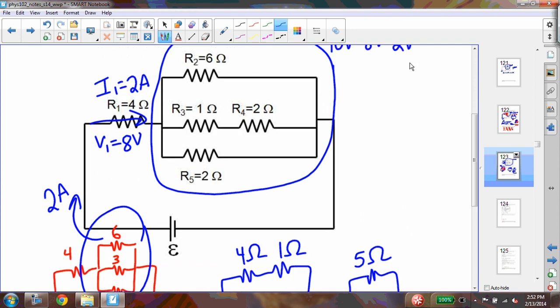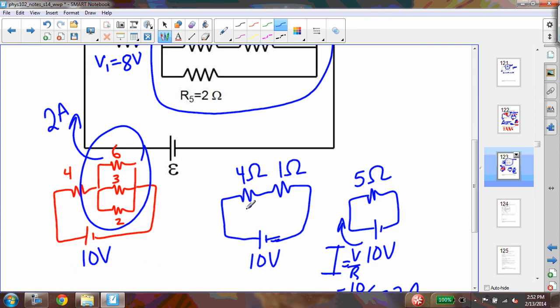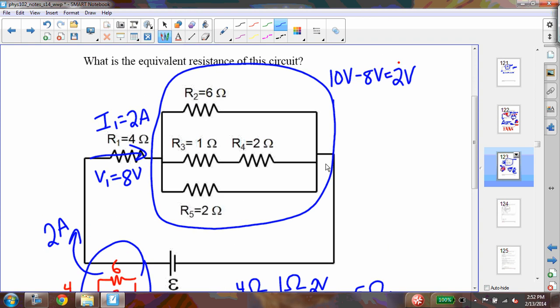I know that on these resistors I have 8 volts, and I have to have 2 volts here. That 2 volts represents the voltage across this whole parallel branch. Now these are all in parallel, so that means I have 2 volts here, 2 volts here.